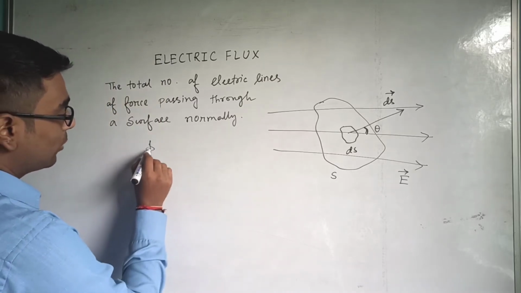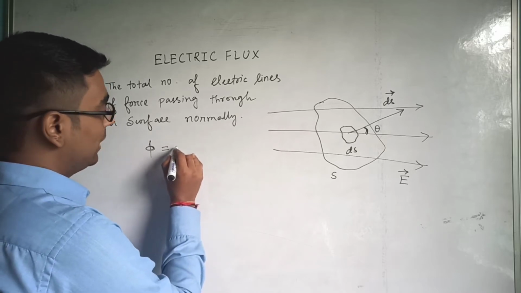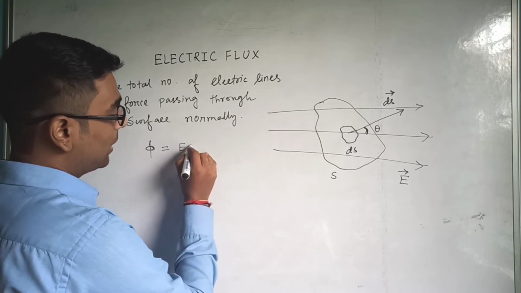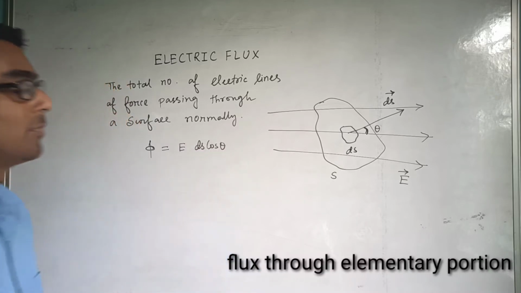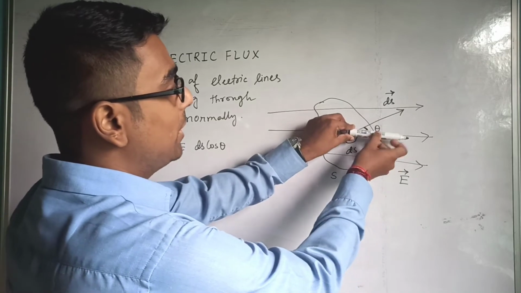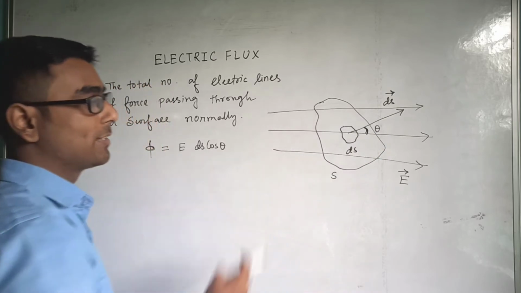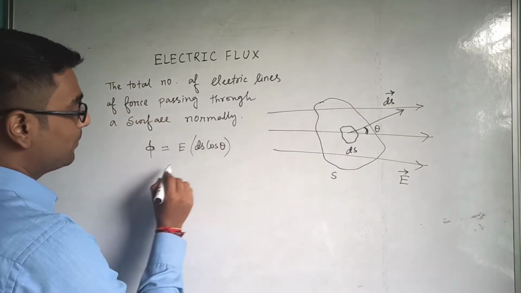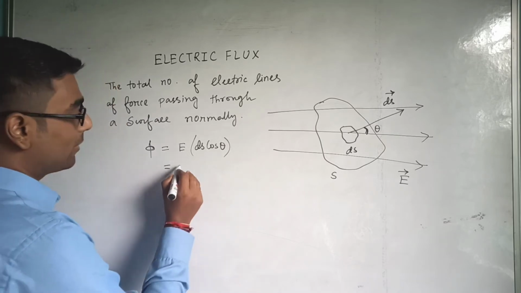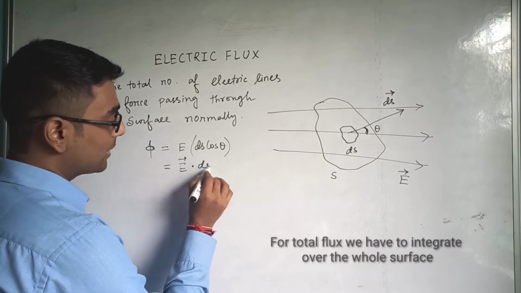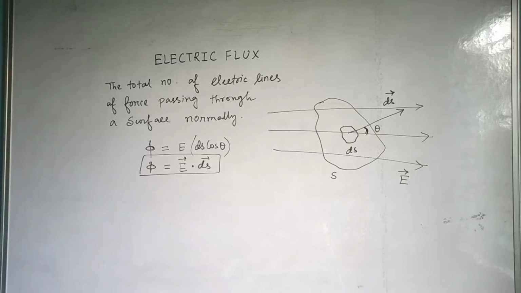The electric flux is denoted by phi, and phi is equal to E ds cos theta, because the component of E in the direction of ds is E cos theta. As E vector and ds are vectors, we can write phi equals E dot ds. That is the idea of electric flux.